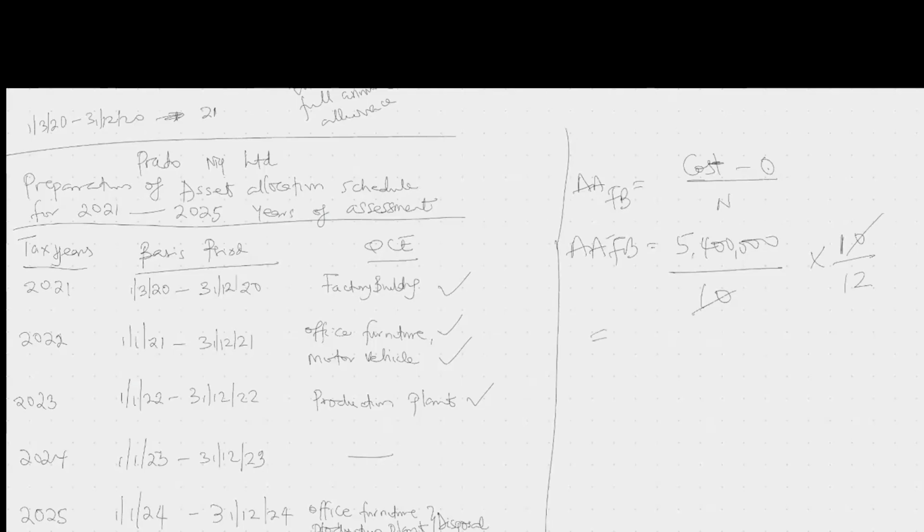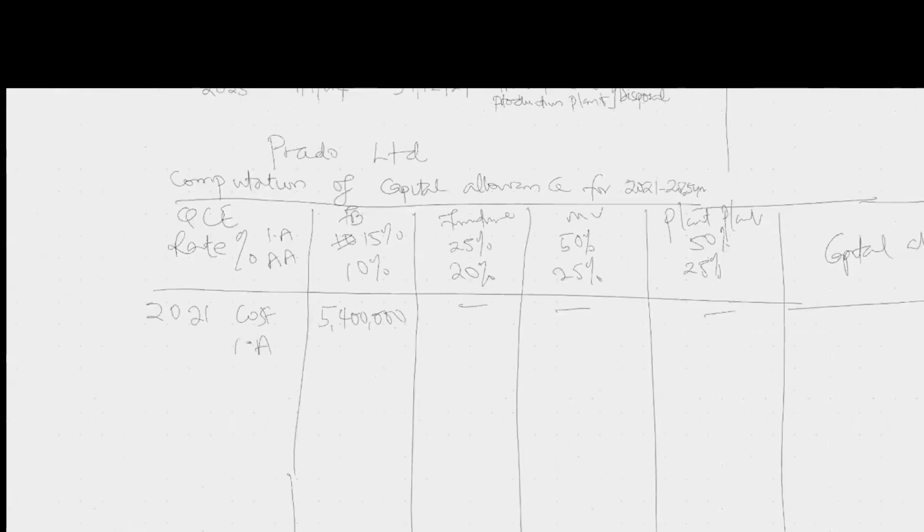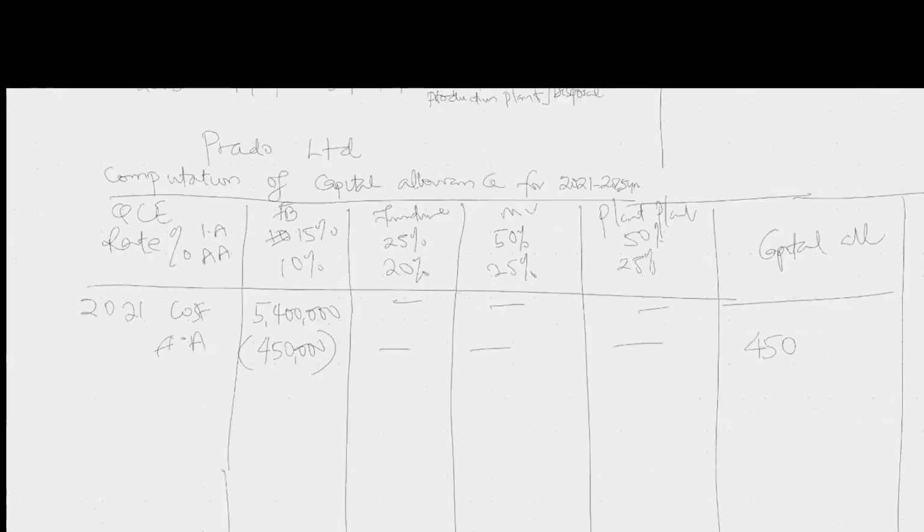Yes, for the first year. 450,000 annual allowance. I'll bring it here. 450,000. I'll close it.